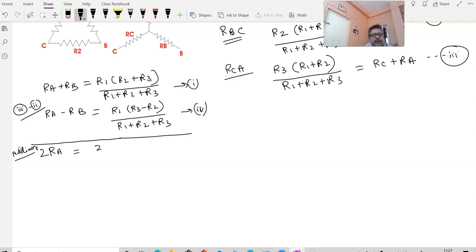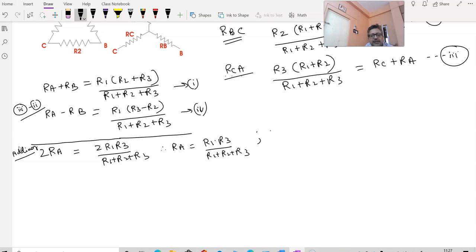It will be twice R1 R3 by R1 plus R2 plus R3. Therefore, RA equal to R1 into R3 by R1 plus R2 plus R3.